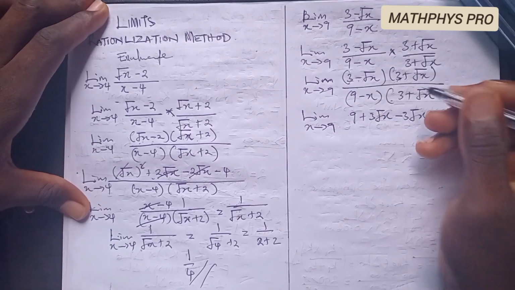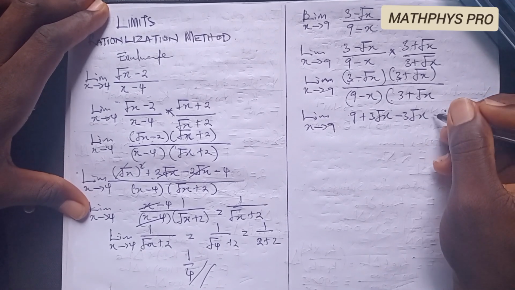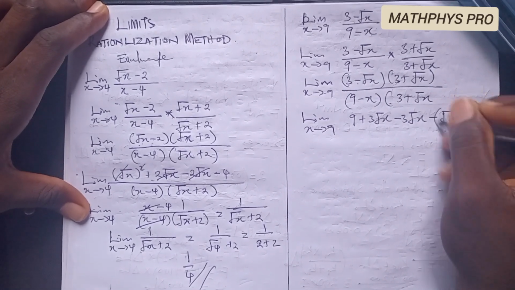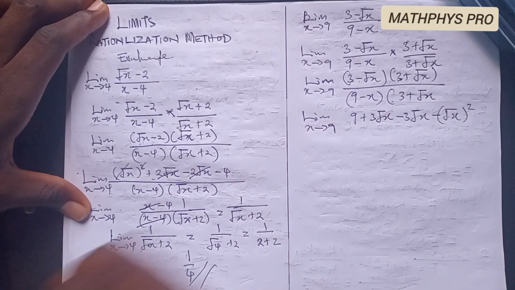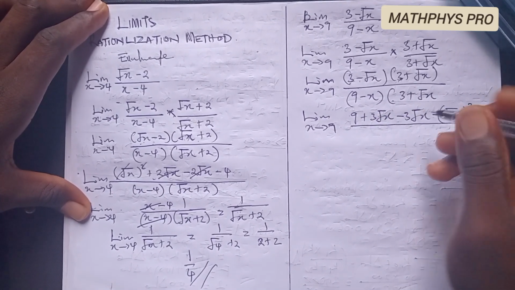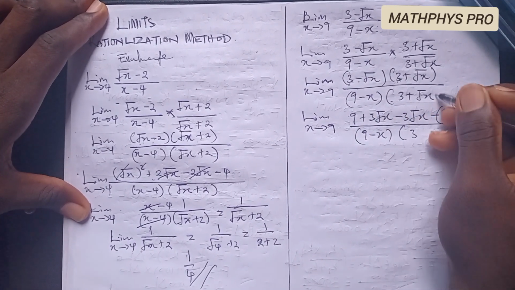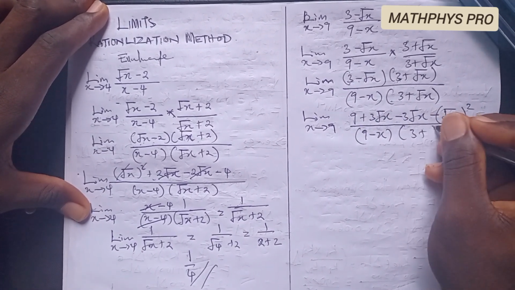Then minus root x times plus root x gives you minus root x squared. This is divided by (9 minus x) times (3 plus root x).